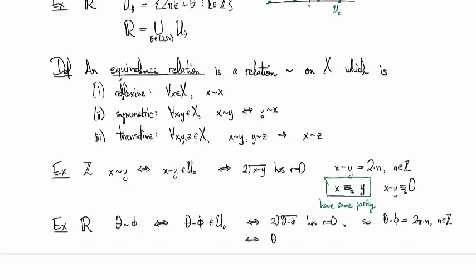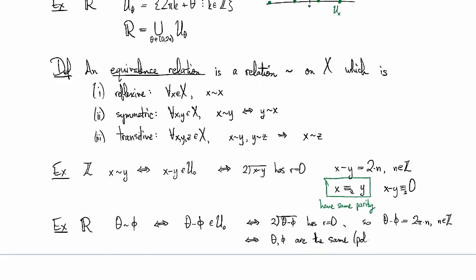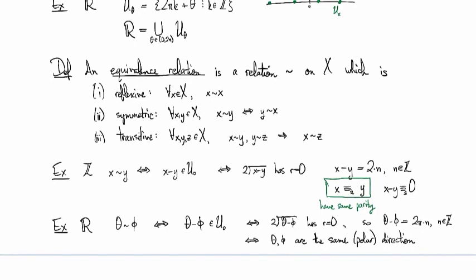It just means that theta and phi are the same direction, when you're doing polar coordinates. Okay, so those are two helpful examples to keep in mind.